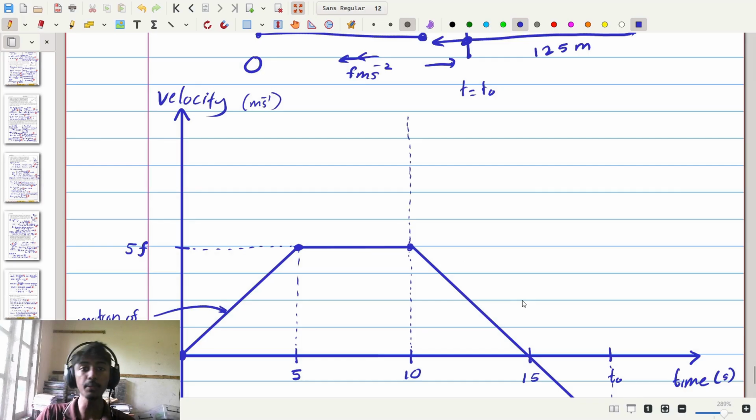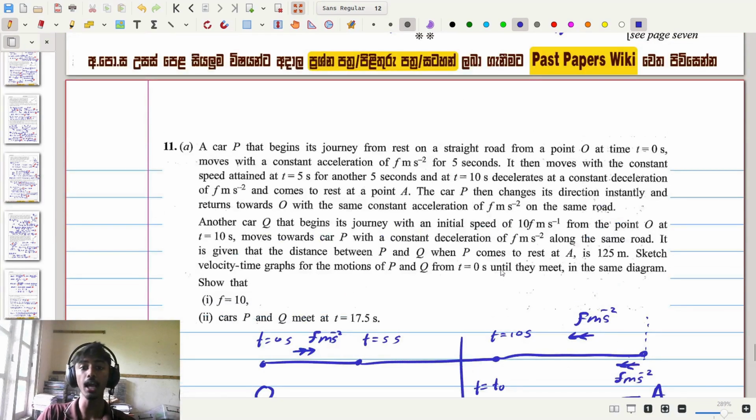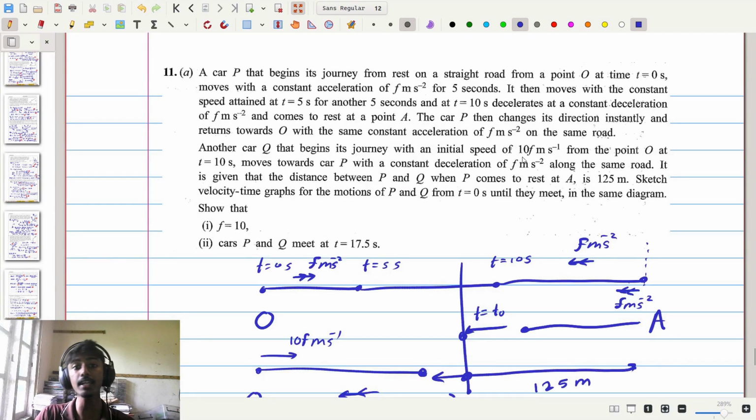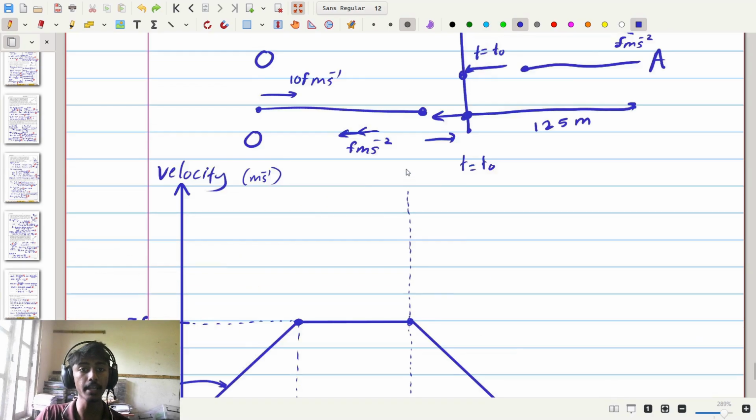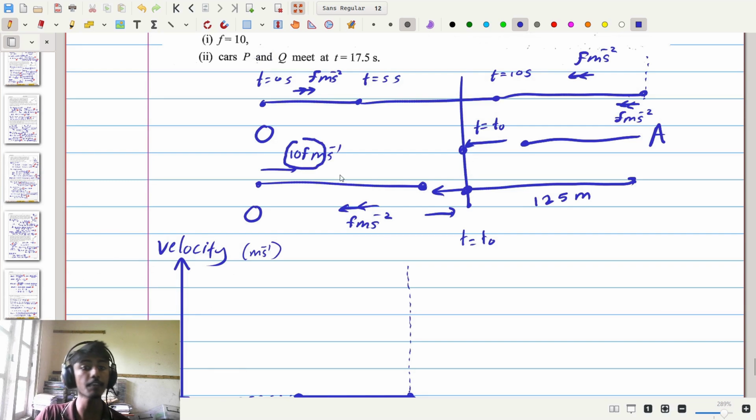Now considering t equals 10 seconds, at that point, our car starts with an initial velocity of 10 f meter per second from the point O and is moving towards car P. So if it's moving towards car P, which is somewhere over here, from the point O, it is going to have been moving in this direction, and therefore its initial velocity is positive. So we can mark it as a positive value of 10 f meter per second.